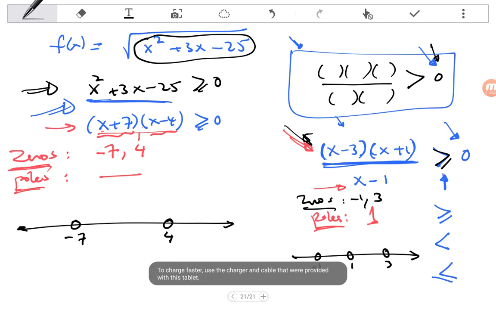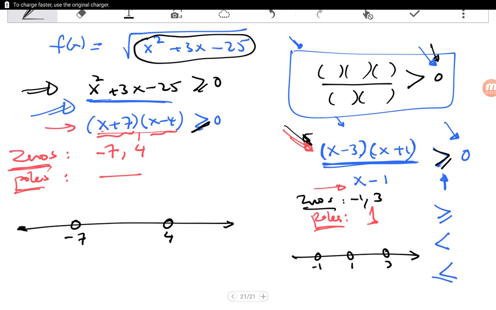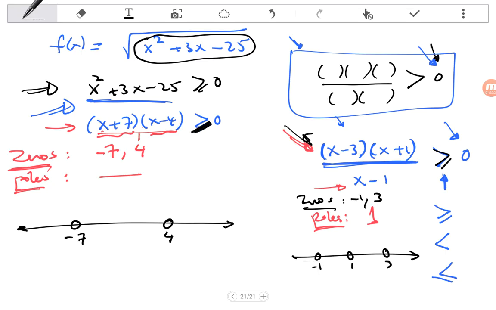The next step is to look if we have an equal sign or not. If we have an equal sign, we will shade the zeros only. Poles are never shaded. Okay? So if we have an equal sign, we will shade negative 7 and 4.